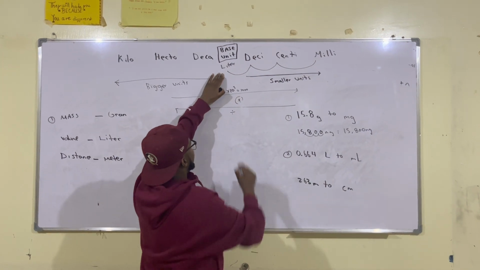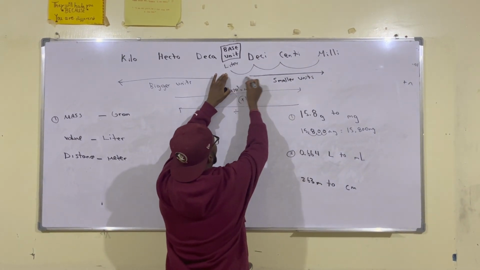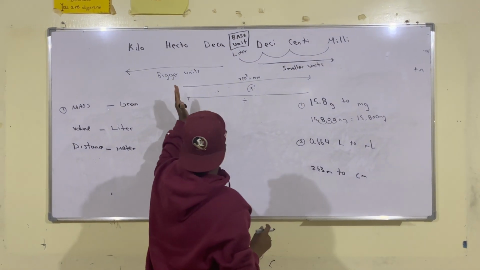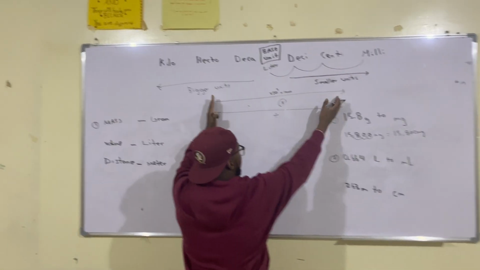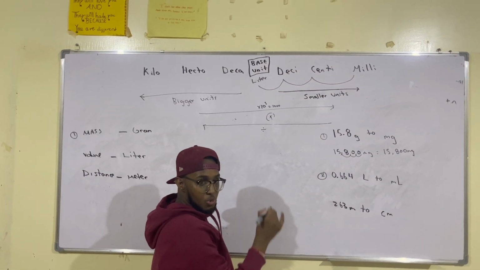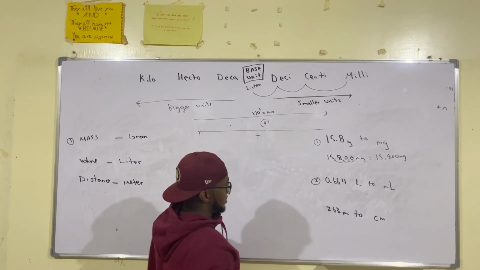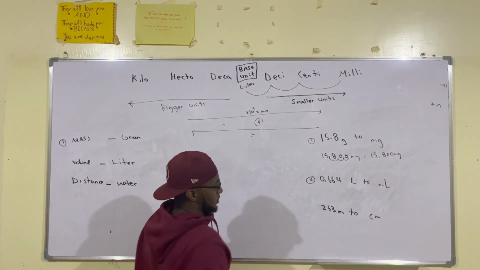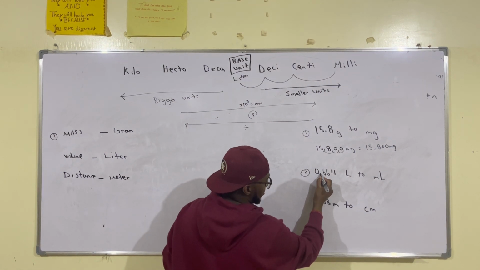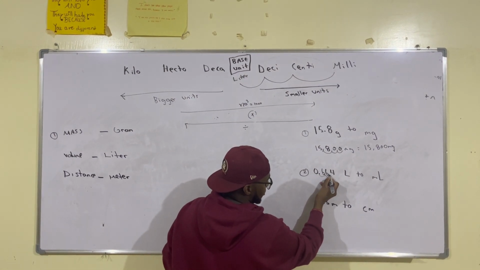This is very similar to our previous example, right? We're going from liter to milliliter, so it's 1, 2, 3 decimal places. And when we go from left to right, we multiply, okay? So we're just going to move 3 decimal places, or we're going to multiply by 1,000, 10 to the power of 3, okay? So we take the decimal place and we move it 3 times. 1, 2, 3.